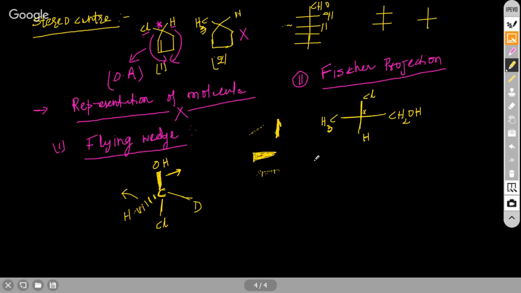Okay. So now, if I represent the three-dimensional view of this molecule for a better picture, since the horizontal bond is coming towards the observer, this bond we must write with a dark wedge like this.